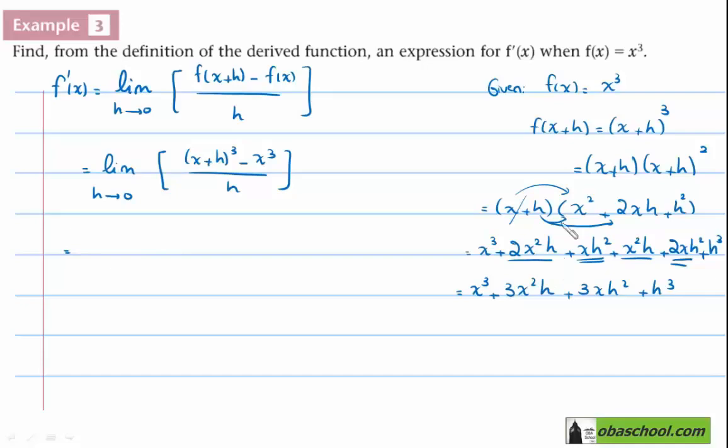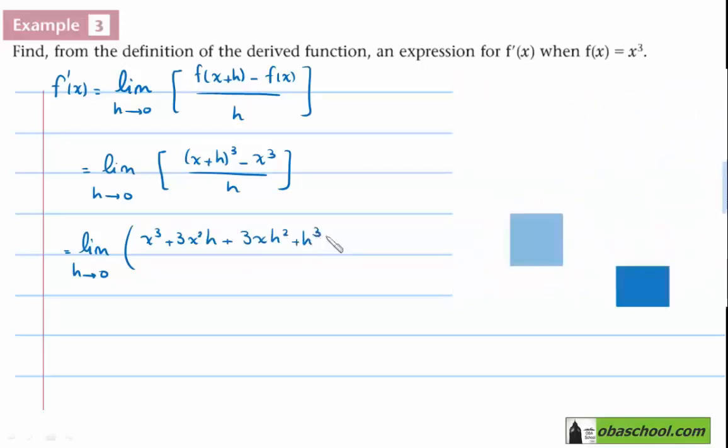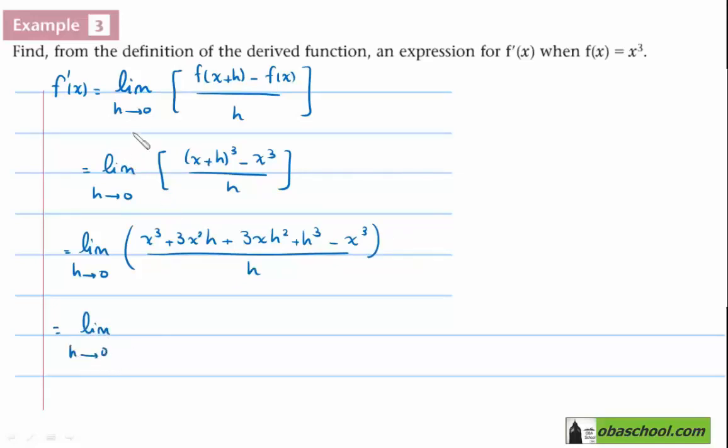Let's substitute now in the definition. Then the limit as h tends to 0 is equal to, instead of x plus h cubed, we are going to substitute x cubed plus 3x squared h plus 3xh squared plus h cubed, minus x cubed. This is divided by h. Now again, let's collect the similar terms.